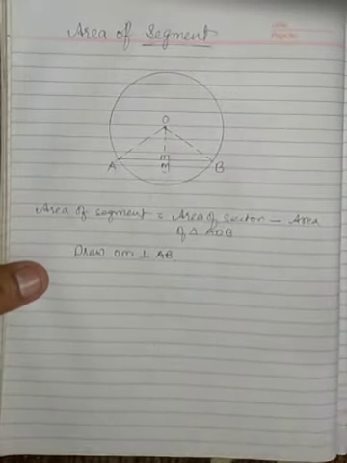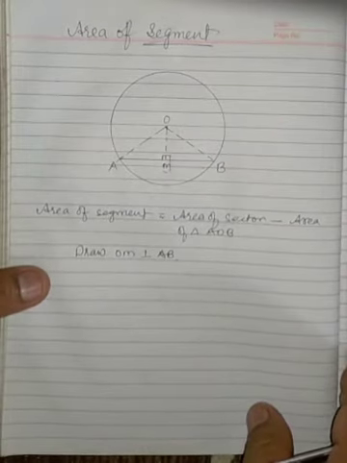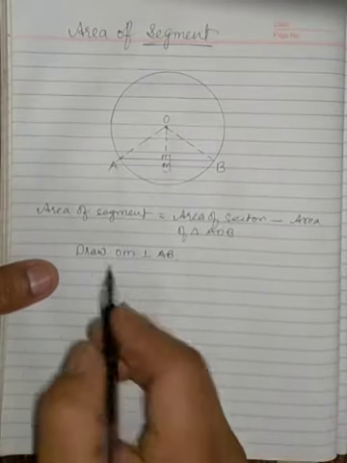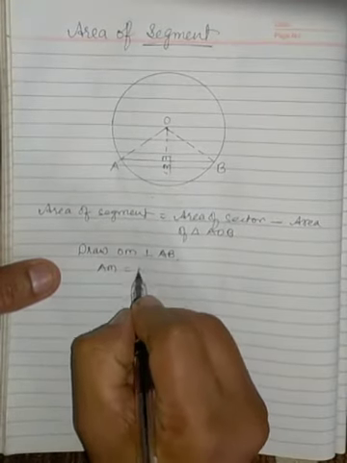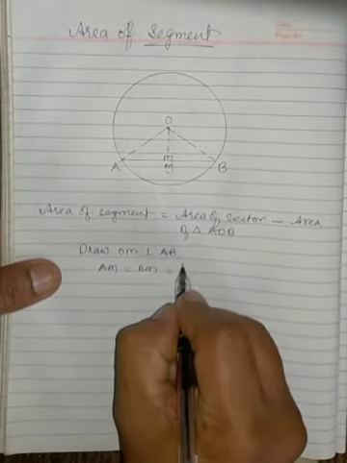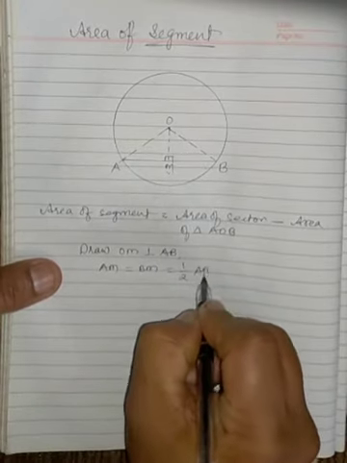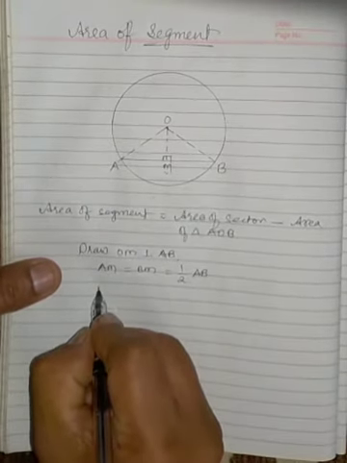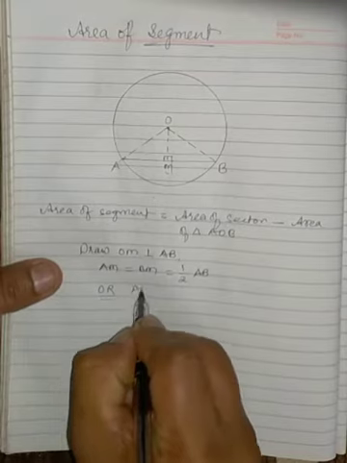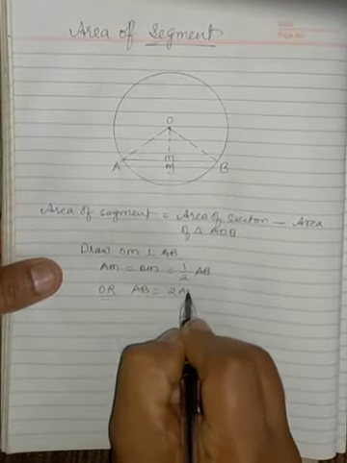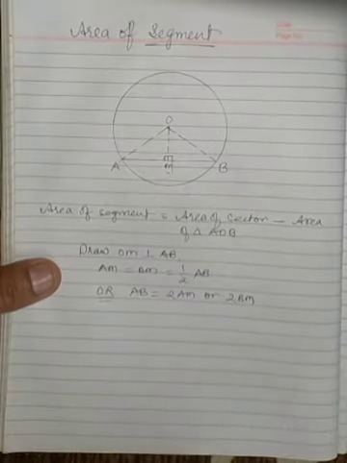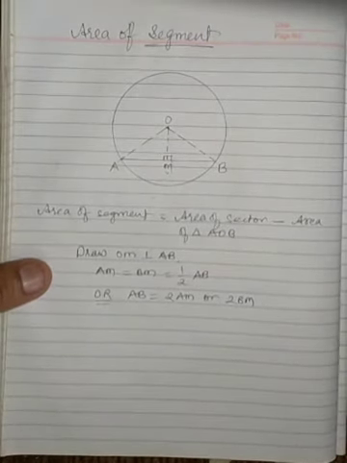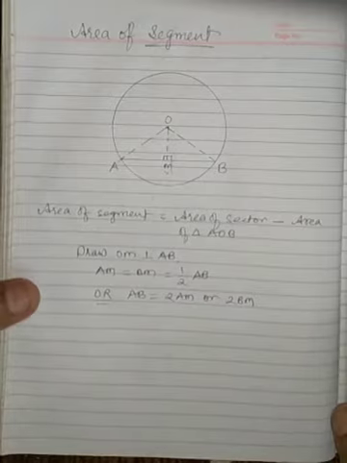Now we know that a perpendicular from the center to the chord bisects the chord. Therefore, AM is equal to BM, both equal to half of AB. Or we can say AB is equal to twice AM or twice BM, whichever triangle we use.